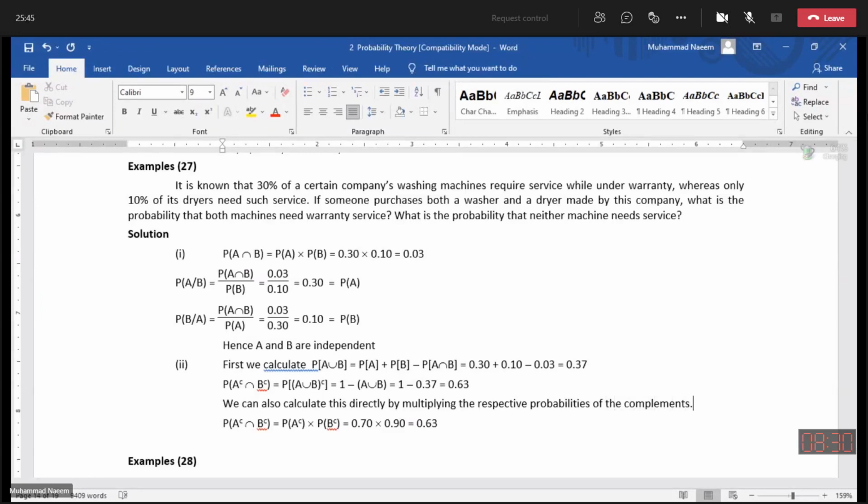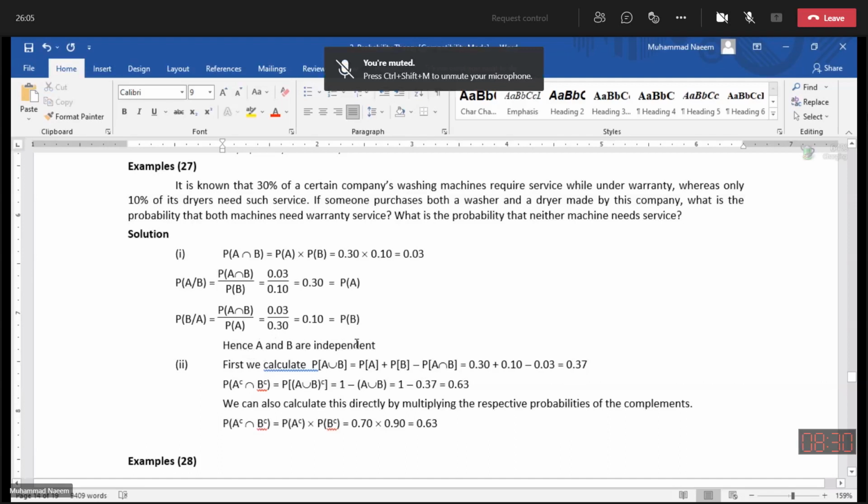This is only due to the independence of the two events. Otherwise, we cannot multiply the complements in this way. This is only due to the independence of the events.